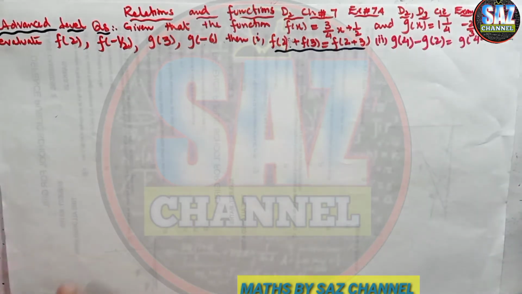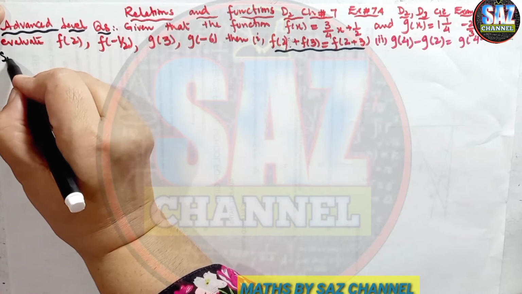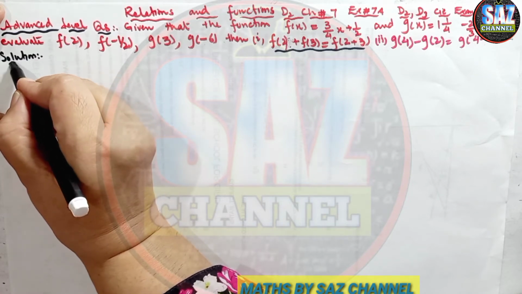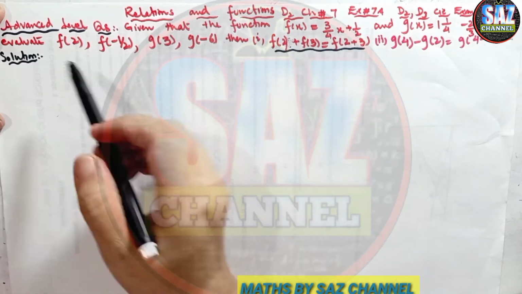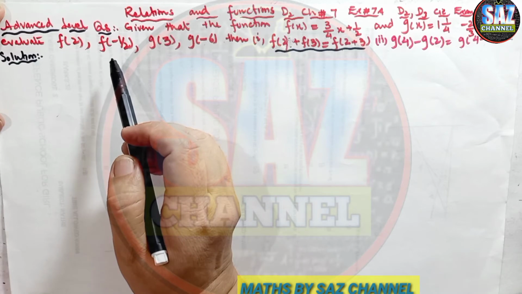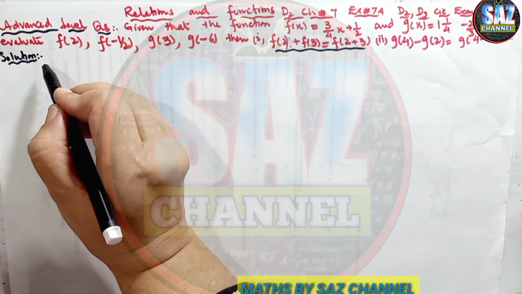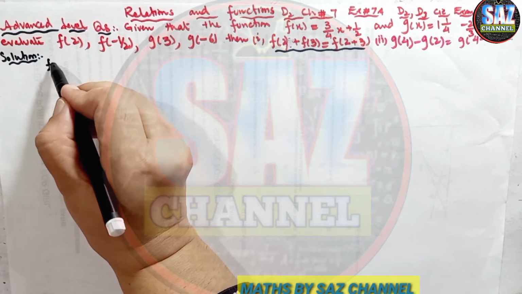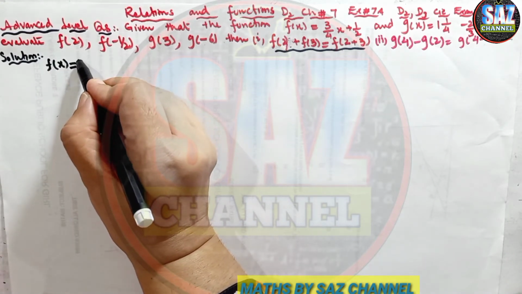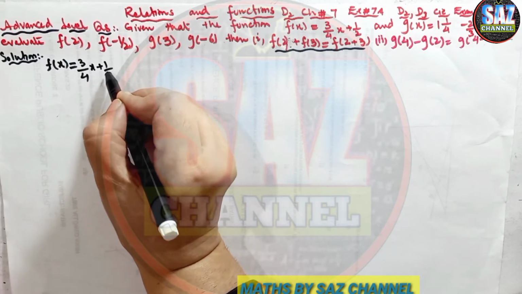Let's move to the solution of this question and take the functions one by one. The question has two functions, so we have to be very careful. For evaluation of f of 2 and minus 1 by 2, we have to take the function f, and f of x equals 3 by 4x plus 1 by 2.